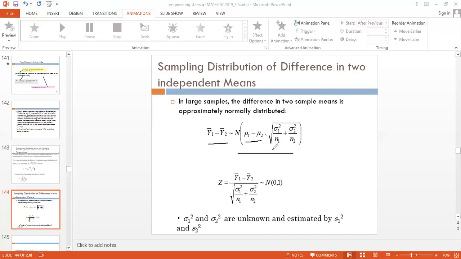The standard deviation is the square root of sigma 1 squared over n1 plus sigma 2 squared over n2.